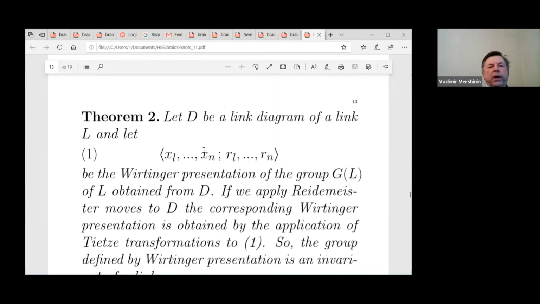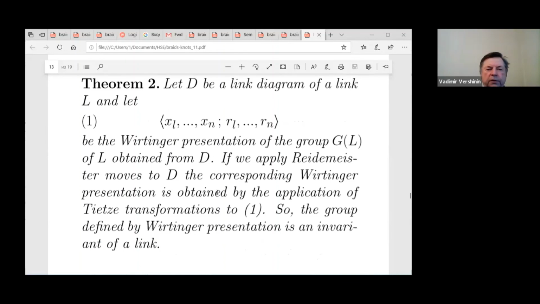According to this square, you are getting relations, and this will give you a group. So absolutely combinatorial stuff, no topology. But anyway, this construction is correct by itself.